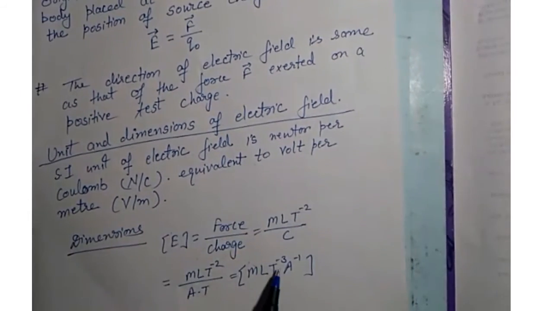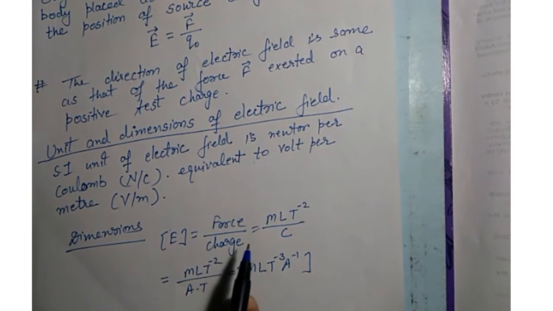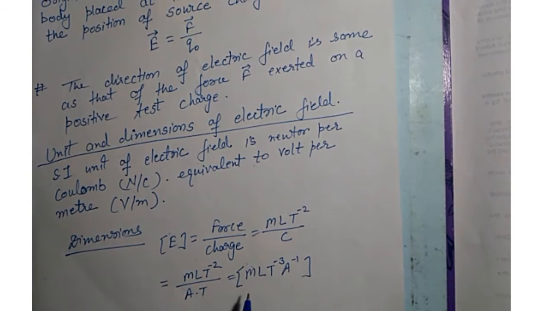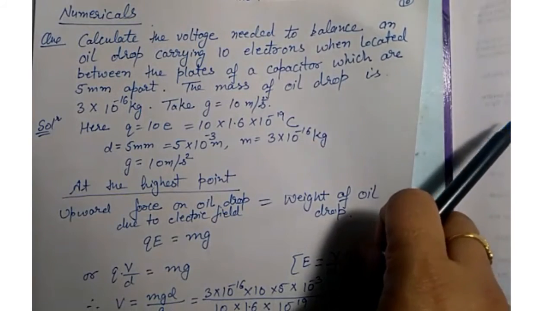Dimensions for electric field: field is equal to force upon charge; dimensions for force are MLT minus 2 and for charge it is Coulomb. Hence the dimensional formula for electric field is MLT minus 3 A minus 1, where A is in ampere.